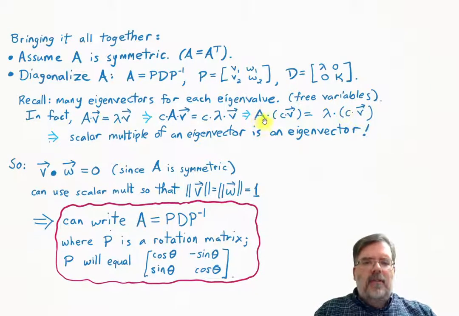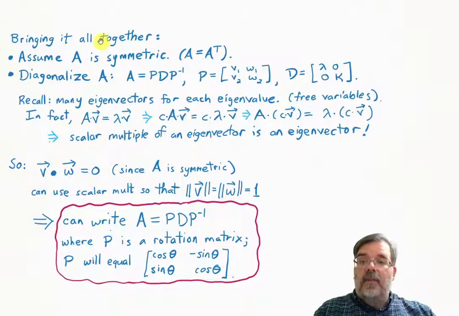But that means c times v is also an eigenvector. In other words, any scalar multiple of an eigenvector is another eigenvector.